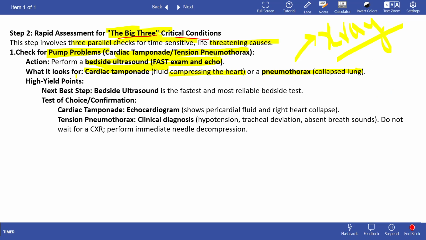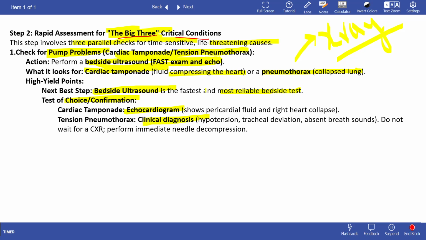So you have to remember that you have to confirm pneumothorax by looking at the fast exam or the echo. Some high points. The next best step during this condition is the bedside ultrasound, which is the fastest and the most reliable bedside test. The test of choice and the test that confirms any of this condition for cardiac tamponade is an echocardiogram, or for tension pneumothorax, it is a clinical diagnosis.